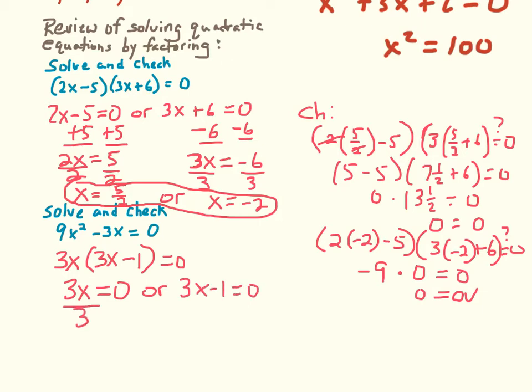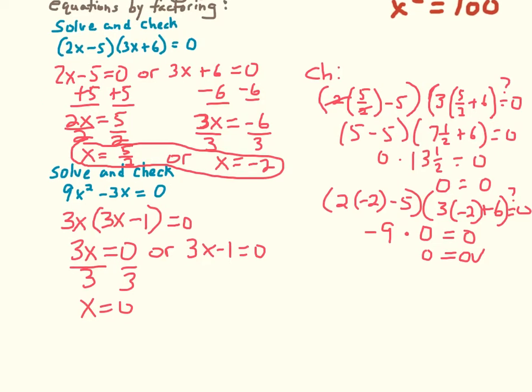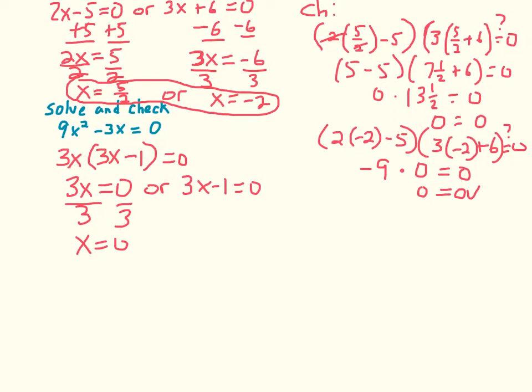So if I divide by 3, one of my possible solutions is 0. And my other possible solution, after I apply my properties of equality, is 1/3. So x is 1/3, or x equals 0.